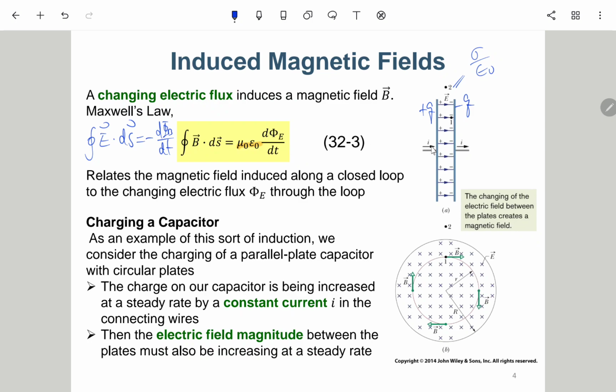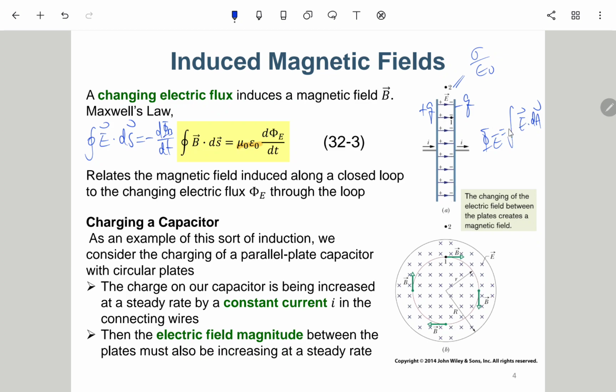So we can also consider d phi E. Phi E is the electric flux, which is the integral of E dot dA. We don't have a circle here. The surface is only this cross section.